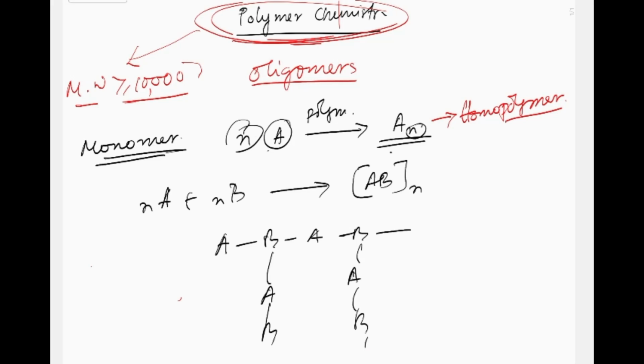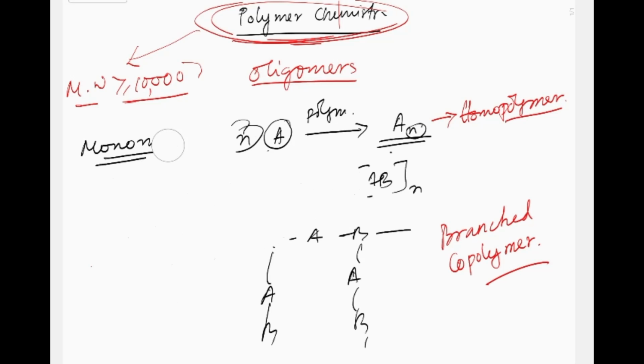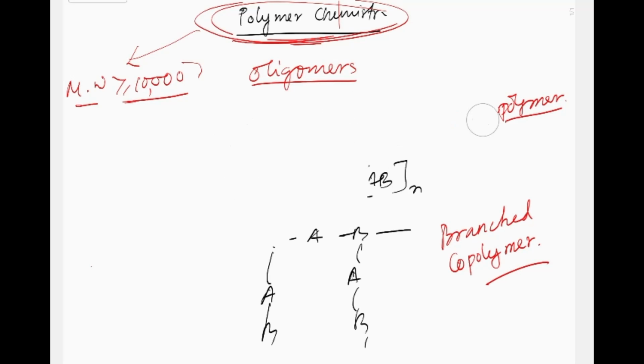So this can be termed as branched copolymer. So these are classifications of copolymers, but there is only one type of homopolymer. Branched homopolymer can also be possible, right? Fine. So these were the classifications based on the arrangement of the monomers.